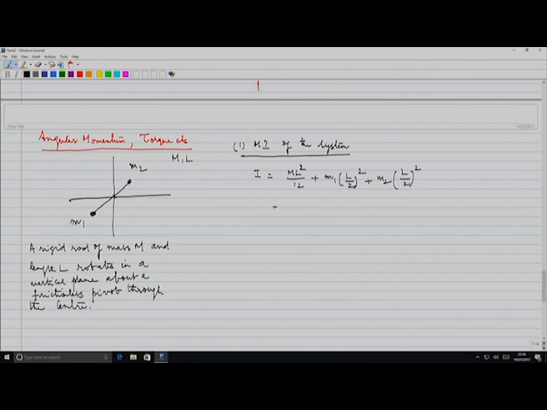This is equal to L squared by 4 into M by 3 plus little m1 plus little m2.